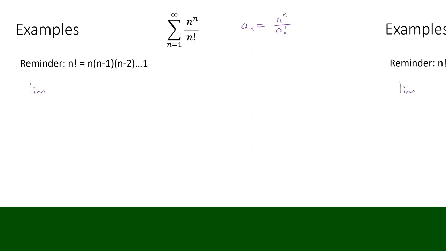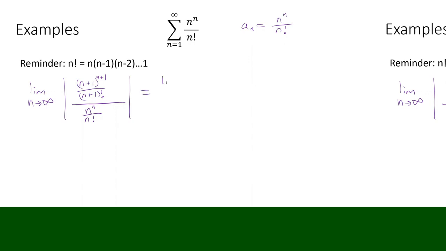So this is the limit as n goes to infinity of (n+1) to the n+1 over (n+1) factorial, divided by n to the n over n factorial.